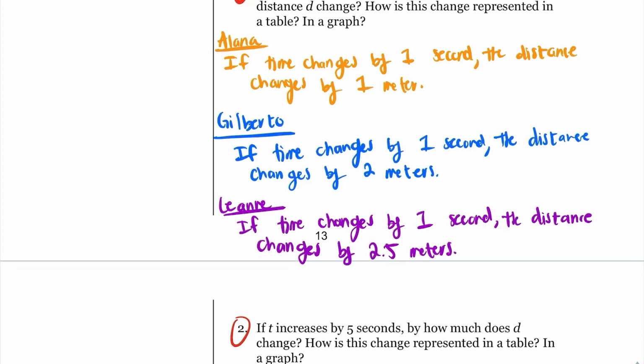Again, this is putting into words your understanding, and the relationship here is so important, because if you can explain it, then that means you understand it. You have a pretty good grasp on the concept. So the next question we need to answer is, how is this change represented in a table and in a graph?